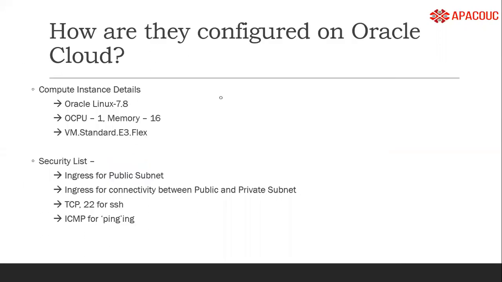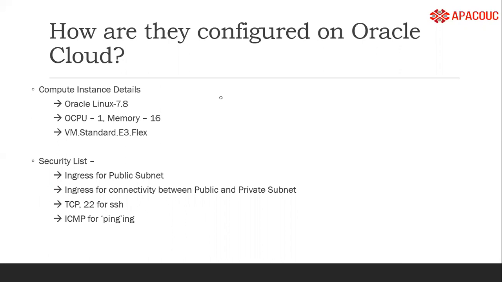So configuration of a Bastion server on Oracle Cloud is similar to configuring any compute instance. Like we have the latest Oracle Linux image. The CPU, say I define as just 1 for now.